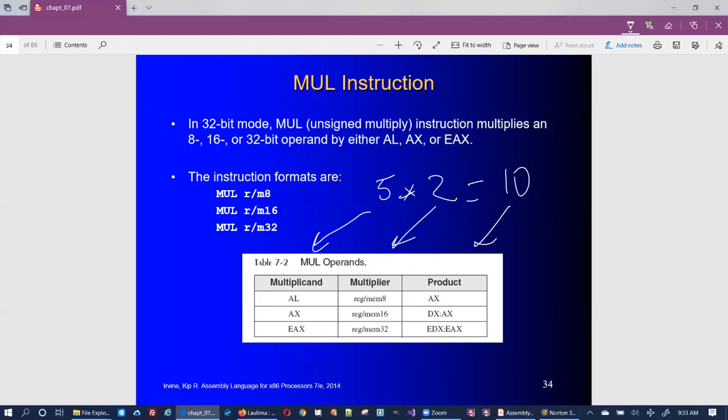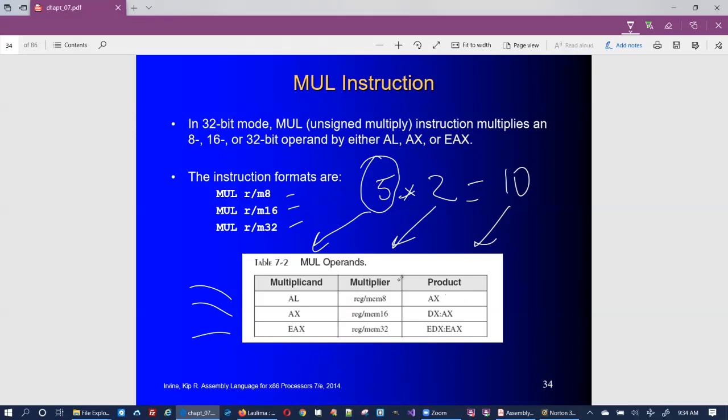When we're doing a MUL instruction, the multiplicand is always the accumulator, the A register, whether you're doing 8, 16, or 32 bits. The multiplier is the source, which can be a register or memory. And then the product, the result, goes into the A register.